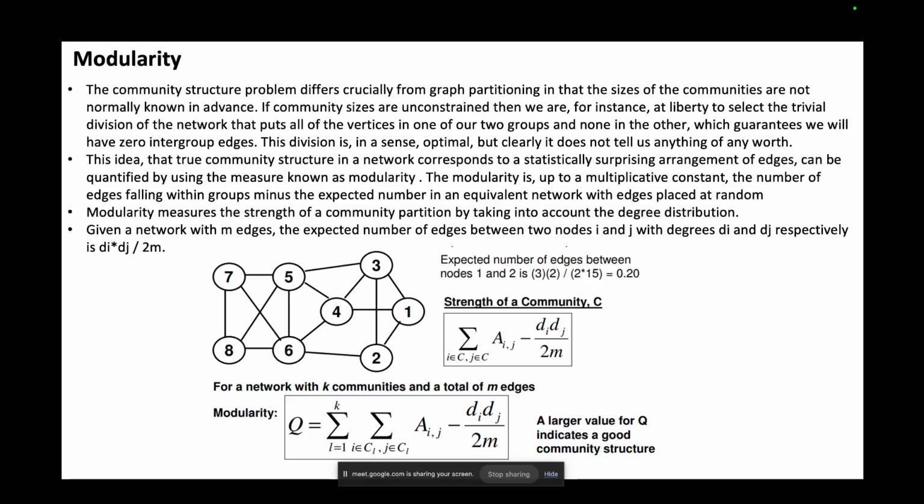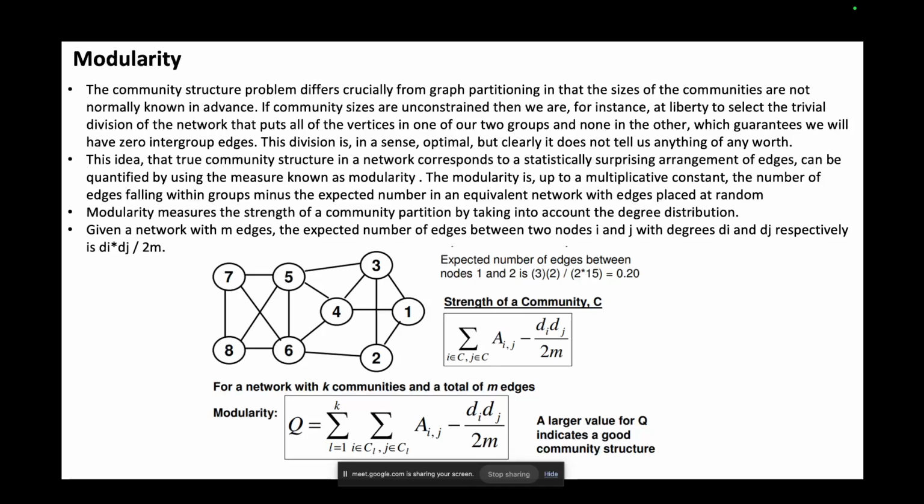The community structure problem differs crucially from the graph partitioning problem in that you do not know what the final sizes of the communities will be, right? If the community sizes are unconstrained, then we are at liberty to select a trivial division of the network that puts all the vertices in one group and none in the other, which guarantees we will have zero intergroup edges.